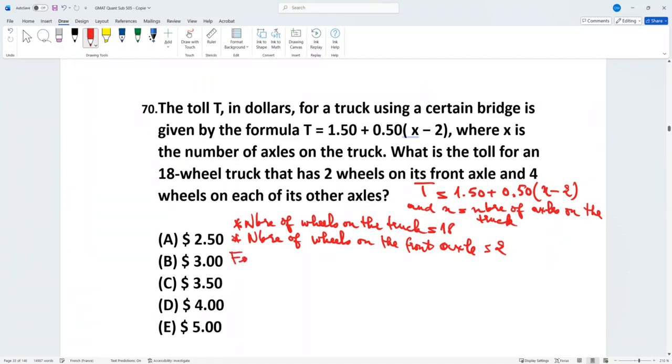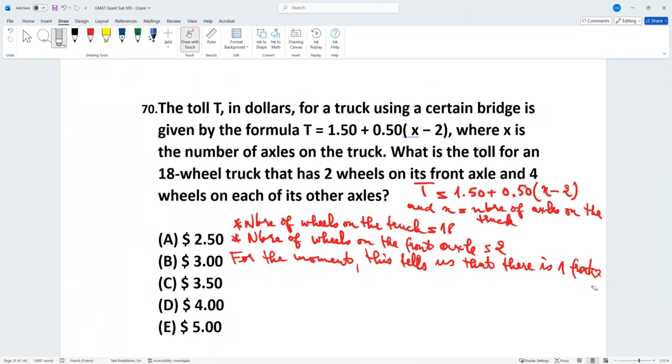So for the moment, the prompt tells us that there is one front axle. Let me rewrite it.